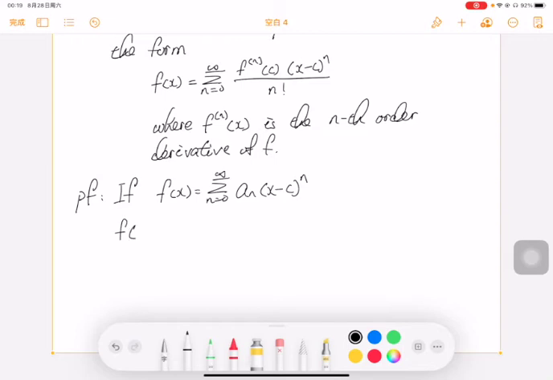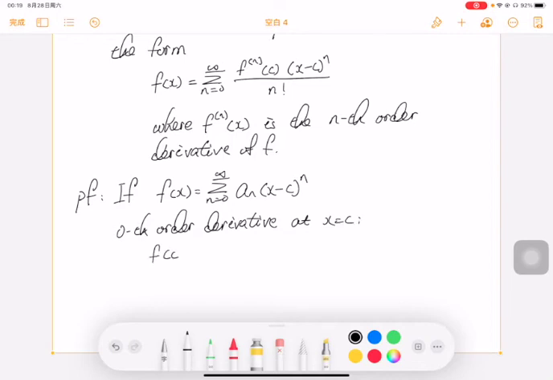We first look at the zeroth order derivative, which is just f itself.